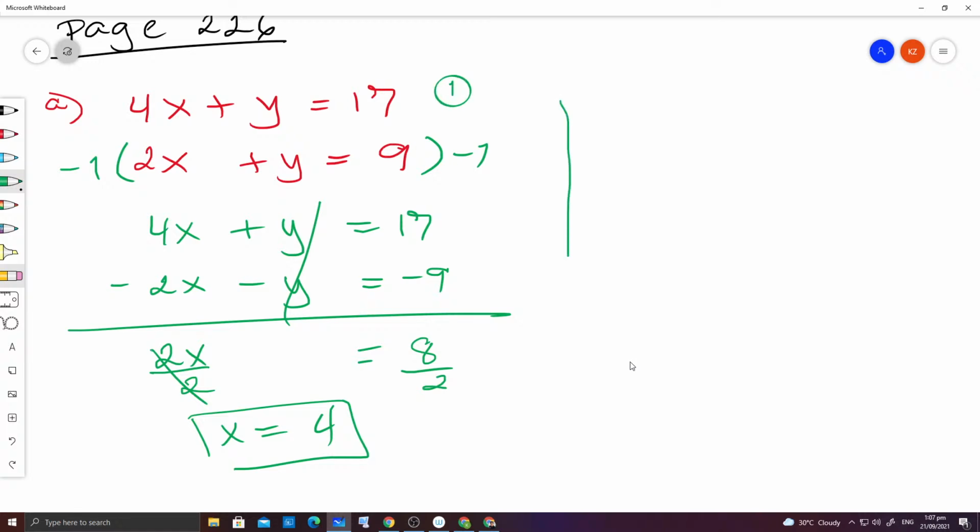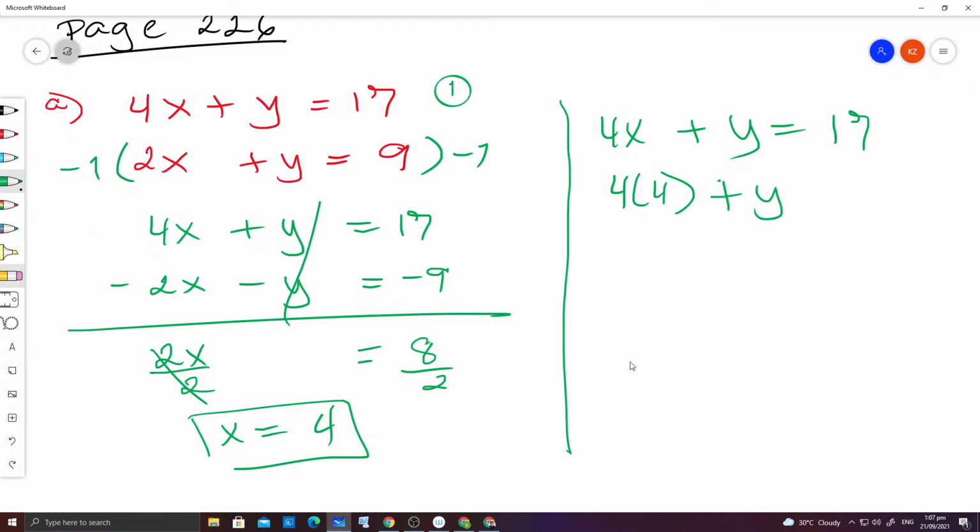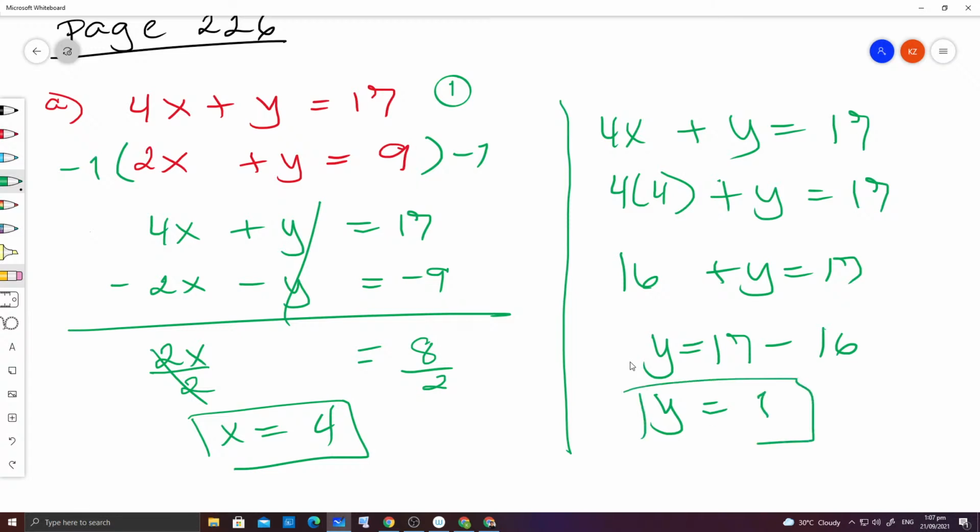So we have 4x plus y equals 17. So we have 4 times 4 plus y equals 17, so 16 plus y equals 17. So y equals 17 minus 16. y equals 1.